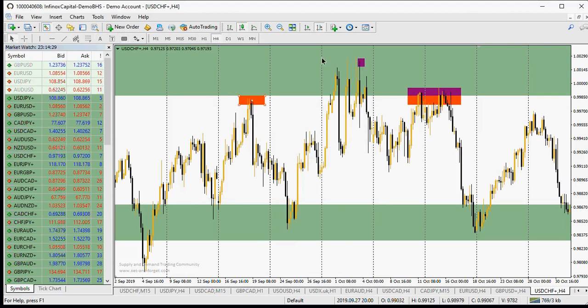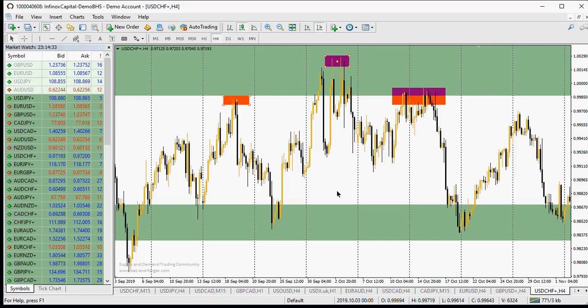This is the head. The market came up from the shoulder, then by the time it came up again, it went higher than the last peak, giving us a higher peak.